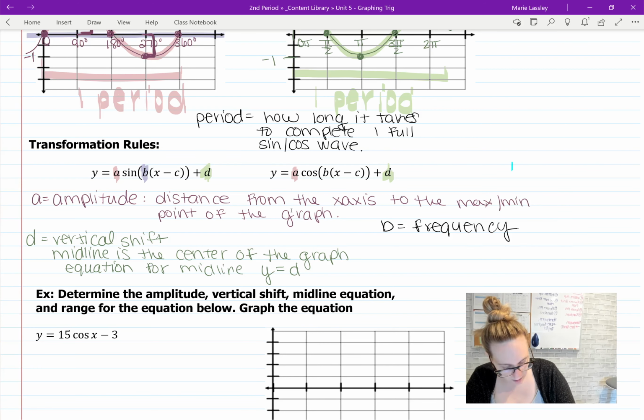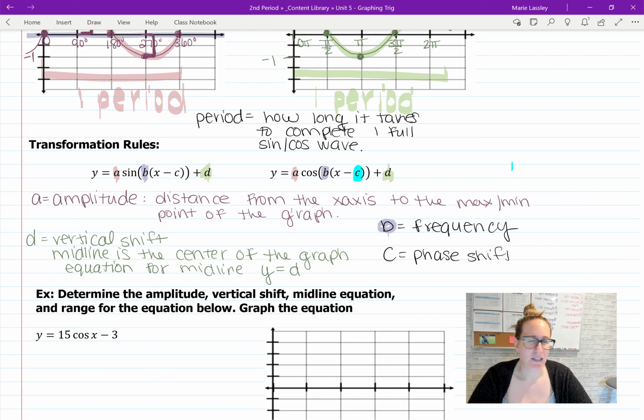The last piece is this c value. So hold on, a, b, what did, oh, b, right, so there's b. The c value is what we call the phase shift. We would normally just call this the horizontal shift, and it's the same thing.